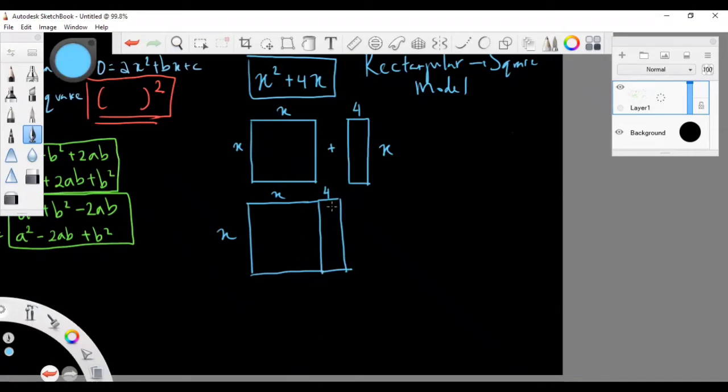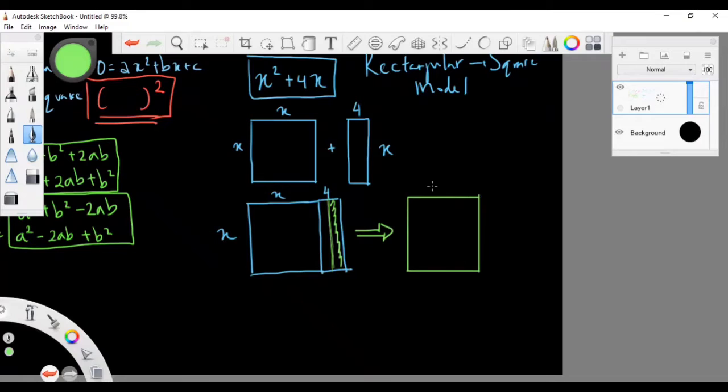When I want to put this rectangular form into a square model, I can simply divide this 4 into equal sides for each. I draw a thin line in green, pick this piece, and put it here, creating an almost square shape.